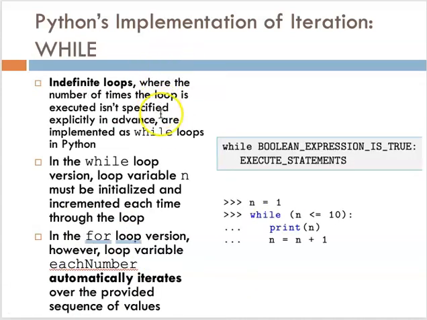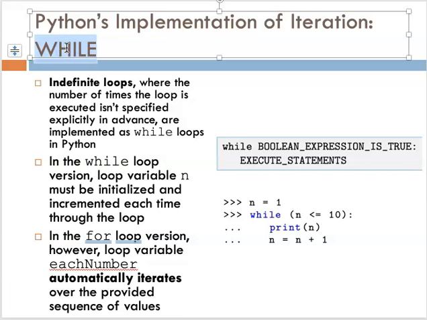That's a definite loop. Indefinite loops are where the number of times the loop is executed isn't specified explicitly in advance. And you implement these using the while control statement. It looks very similar. In this case, you say while some Boolean expression is true, whatever that Boolean expression might be, execute the statements that go inside that construct.